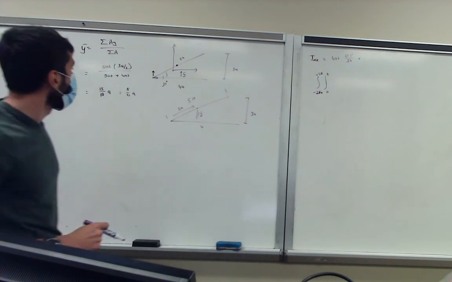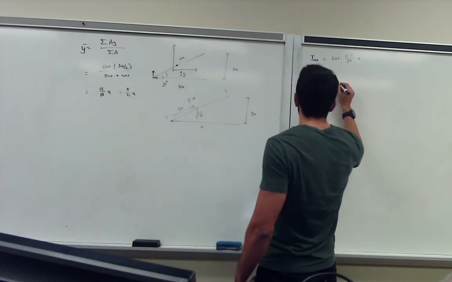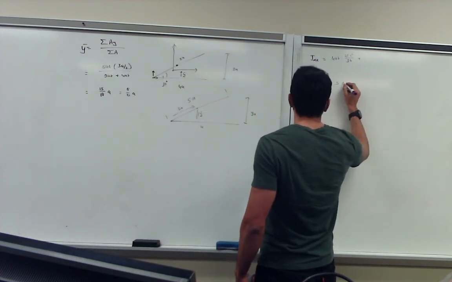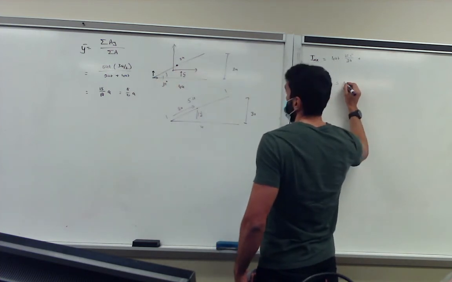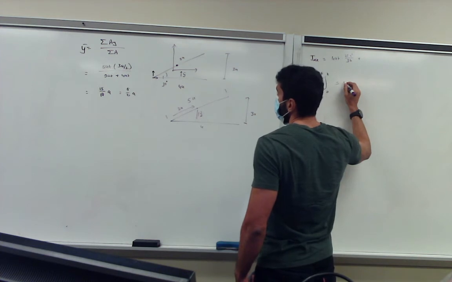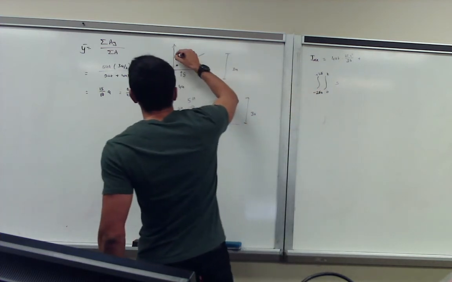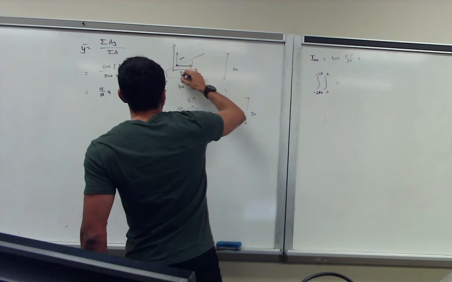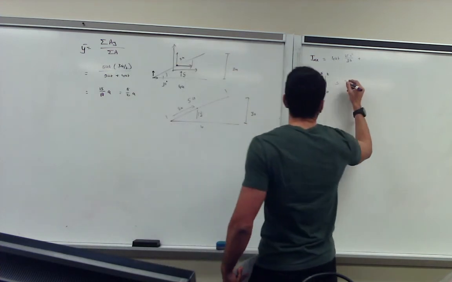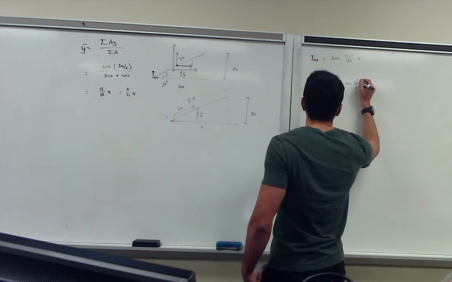And then you do s times, that's basically your path, times sine 30.